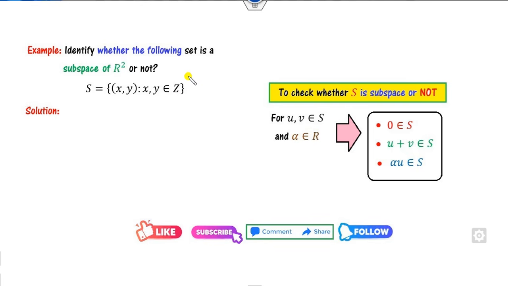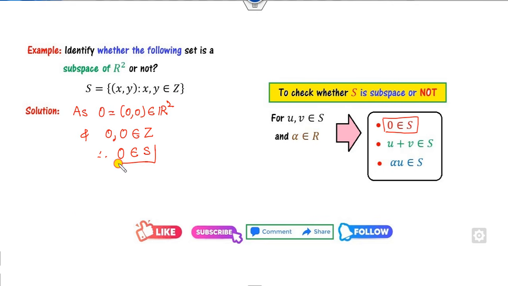So your first property, 0 belongs to S, is satisfied. You can write your examination like this: since (0, 0) is a part of R2 and X, Y is a part of Z, therefore 0 is a part of S.